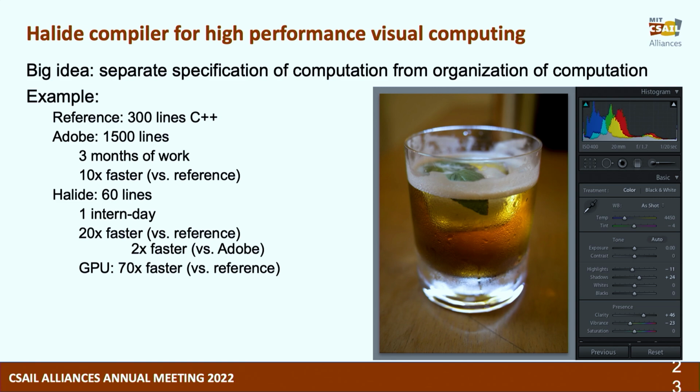So it's not even a huge algorithm, but just figuring out the way to make optimal use of the memory system, the parallelism, and all this really took a lot of work. Whereas with our compiler, my colleague Jonathan Ragan-Kelley took 1 day to rewrite the code and got a 2x speedup compared to the code that had taken 3 months to develop.